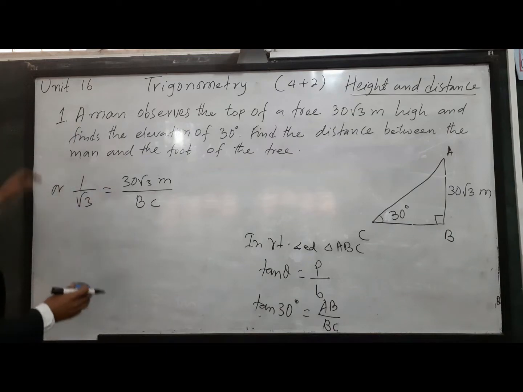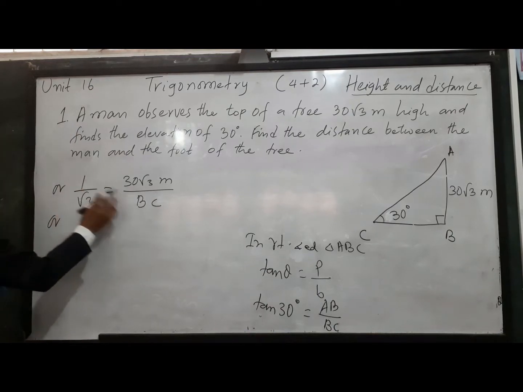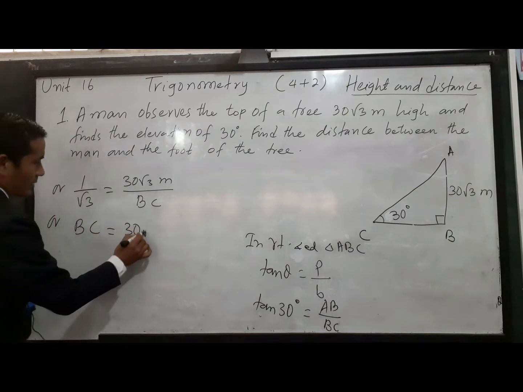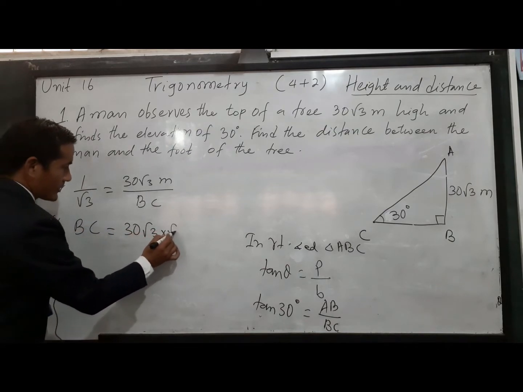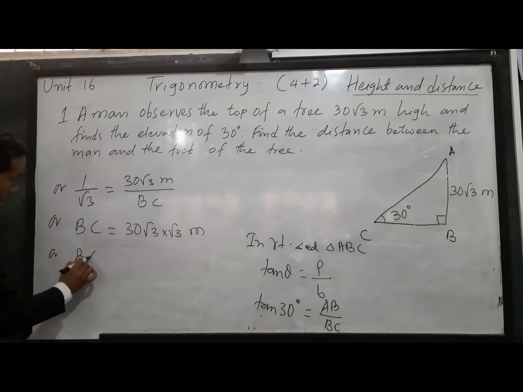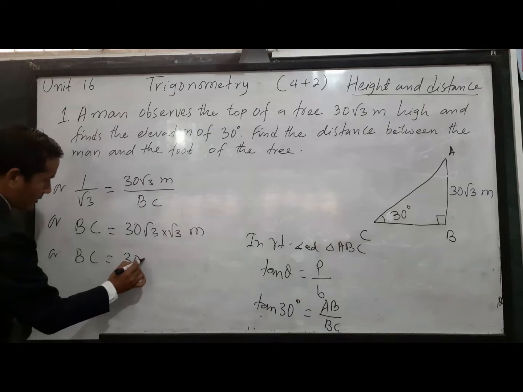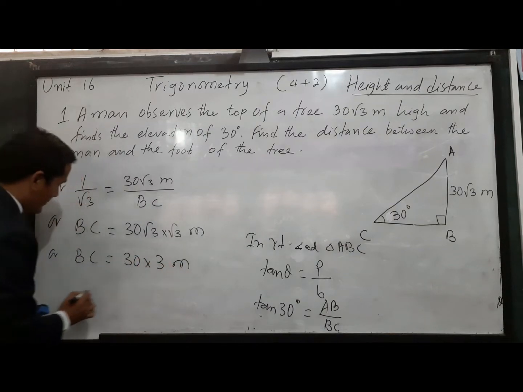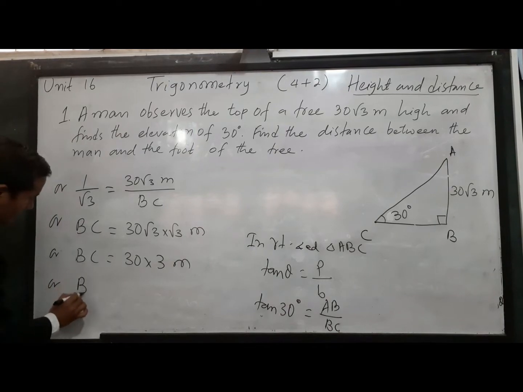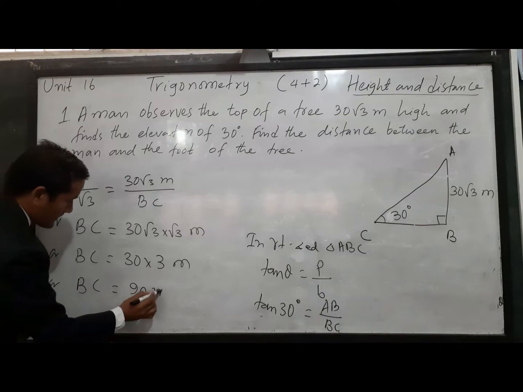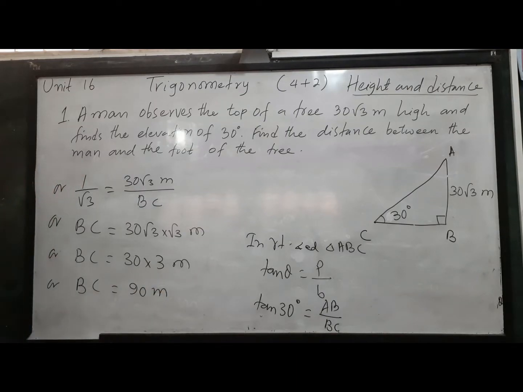Now we will cross multiply. 1 into BC equals 30 root 3 into root 3 meters. Now BC is equal to 30 into root 3 into root 3, which is 3, so BC is equal to 30 into 3, that is 90 meters.